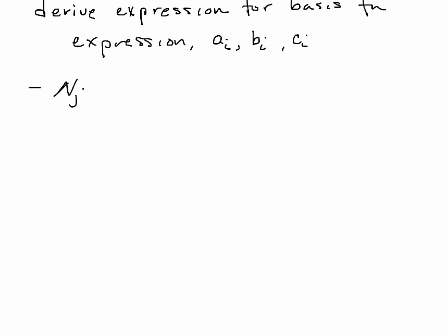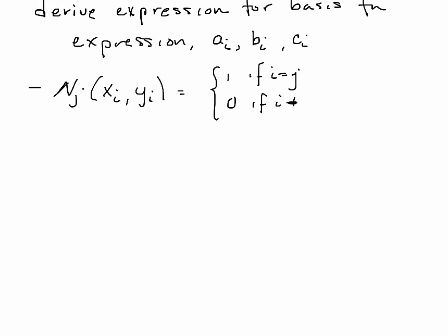In order to derive expressions for our basis functions, we first need expressions for the coefficients. So let's look first at a of i, b of i, c of i. What do we know? Well, we know that n sub j of x of i, y of i is equal to 1 if i equals j, and 0 if i does not equal j.